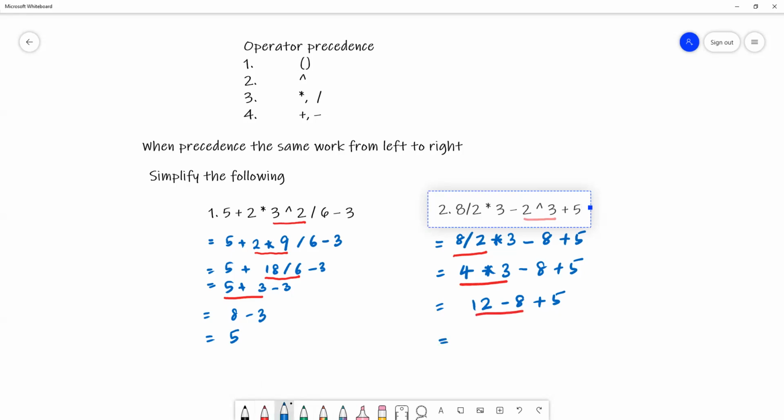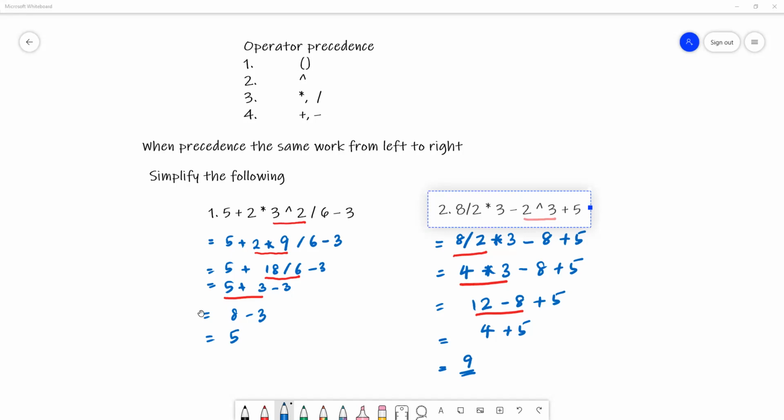So we can say 12 minus 8, that is 4, plus 5, and the final answer should be 9. Okay, good. So I got the correct answer from Yenula, Dolina, Kanishka, Tarushi, Prabhashi, Imashi, Sitija, Kalindu, and Dulaj.